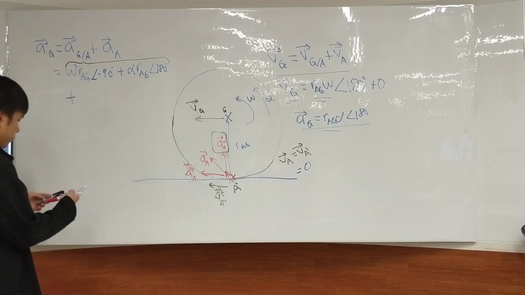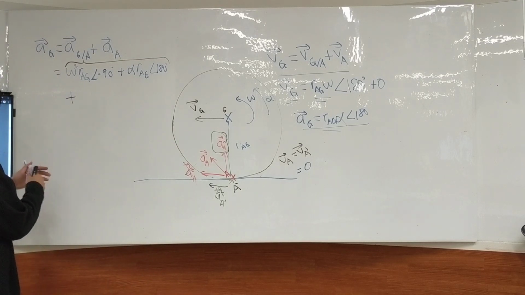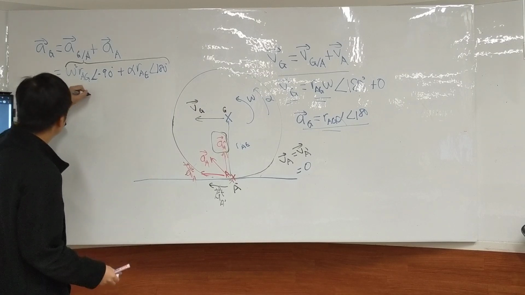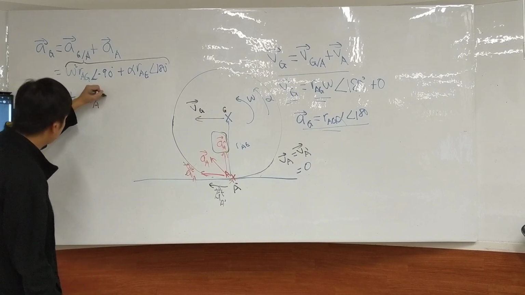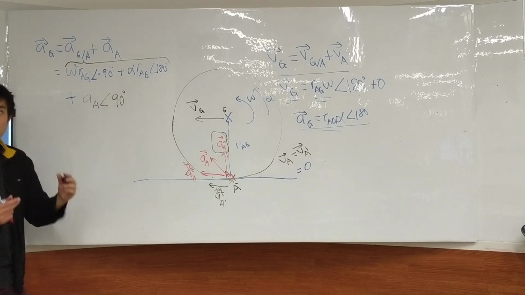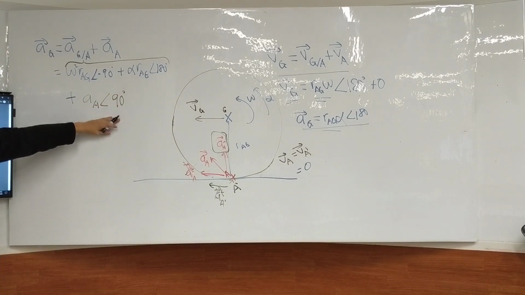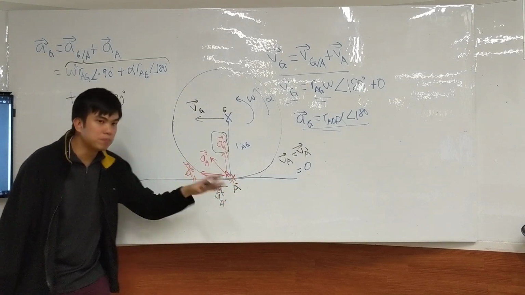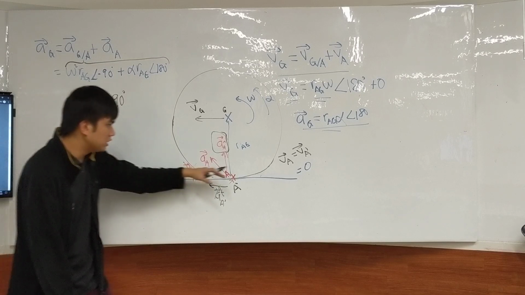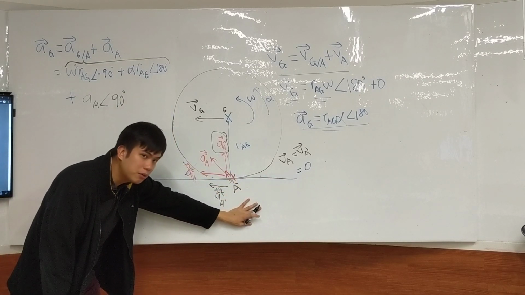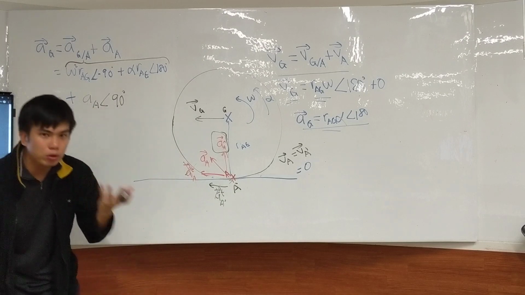So in this case, we can proudly say that the acceleration of A is having a component of 90 degrees. Let me repeat. Why do we know it's pointing upwards? Because first of all, the acceleration of A cannot have any horizontal component, because the horizontal component is along the plane of rolling without slipping, and the point which belongs to the ground has no acceleration component at all.